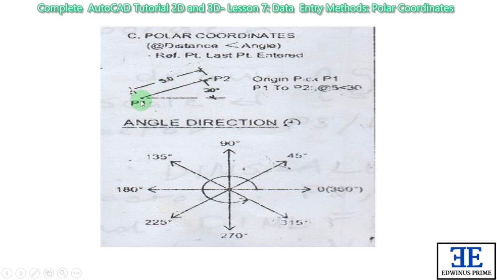You draw point 1 and draw P2 using this polar coordinate method. You indicate the distance, which is 5, and the angle is 30. So from P1 to P2, you draw the line by entering in the command line @5<30.